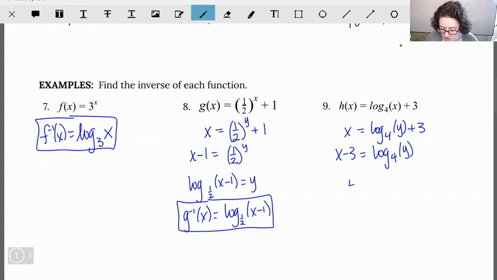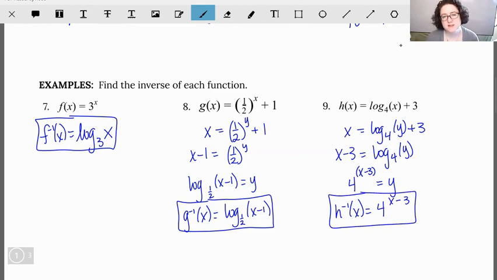So that means for our base, our exponent is on the other side of the equal. So that's x minus 3 is in our exponent. And that equals our y. Y is by itself. So that's our inverse function. So h inverse of x is 4 raised to the x minus 3.